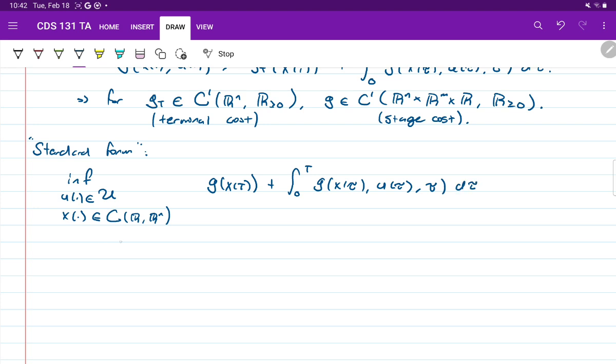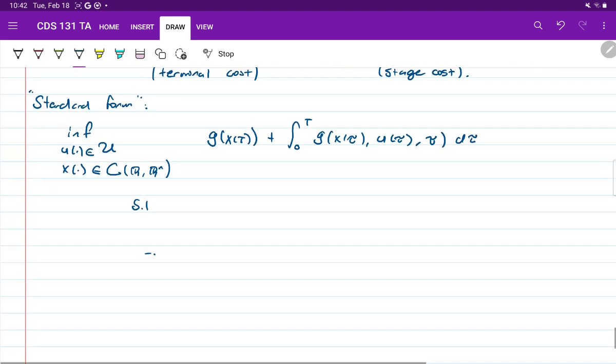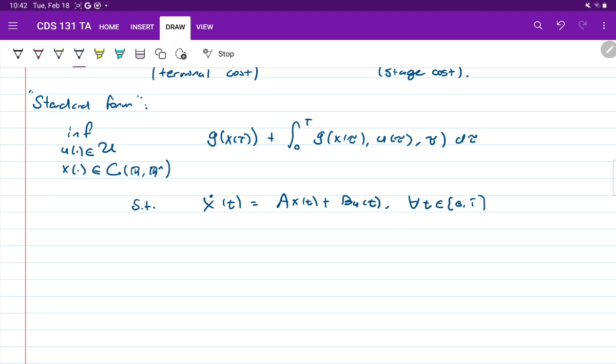And finally, these will be subject to the constraints x dot of t is equal to A x of t plus B u of t. And this needs to hold at all t in [0, T] where u is continuous, right?